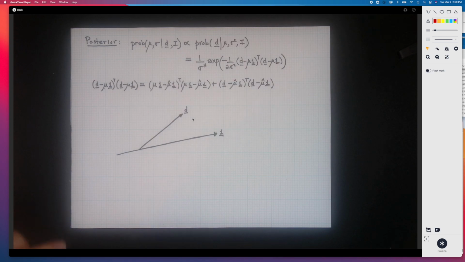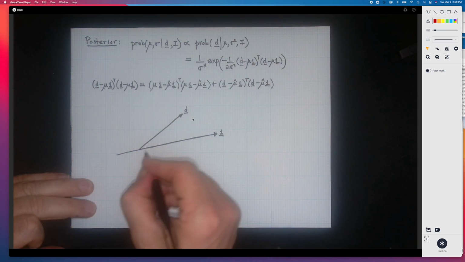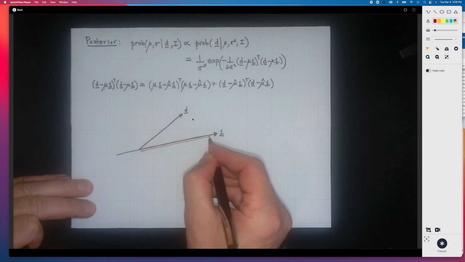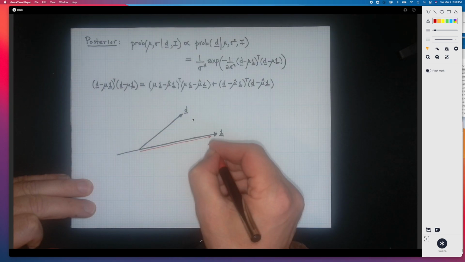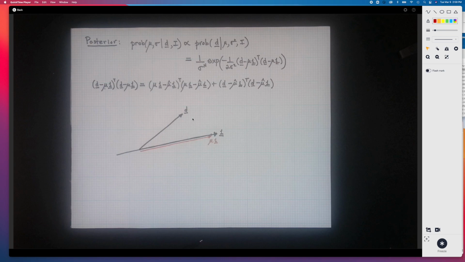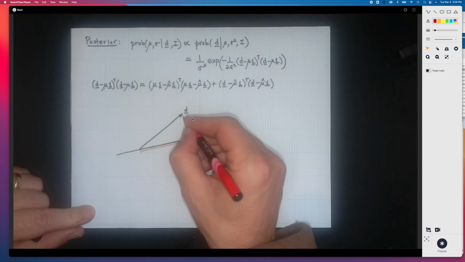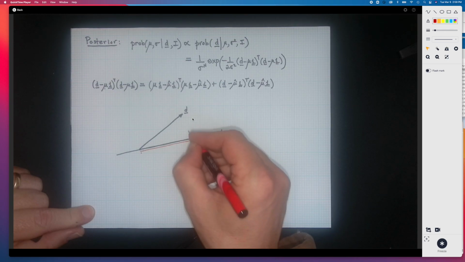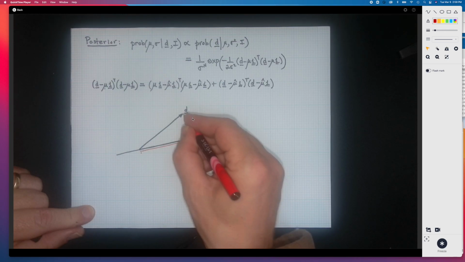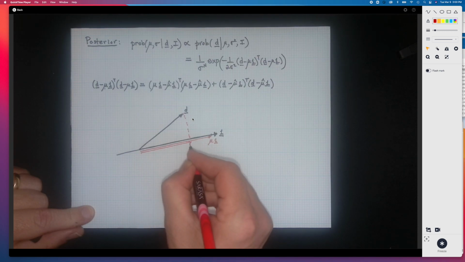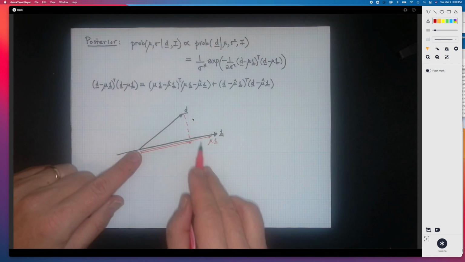We're going to assume that this vector here is mu times 1, and this vector here is the projection of d onto 1.